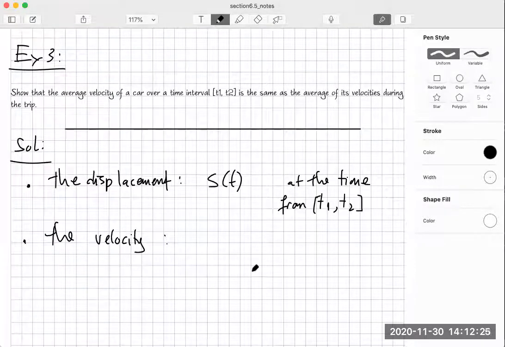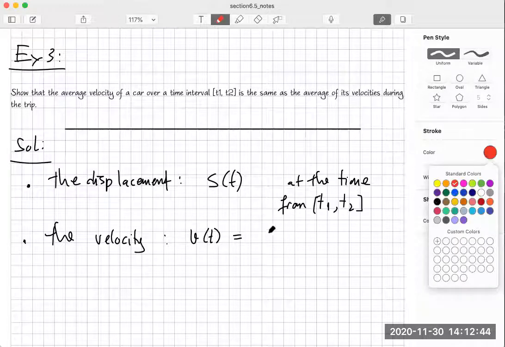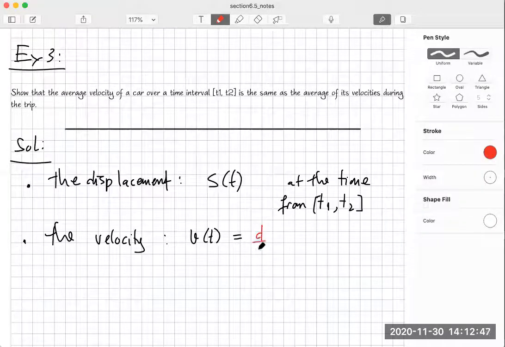Do you remember? The velocity will be the derivative with respect to t of the displacement function, or it is S prime of t. Okay.